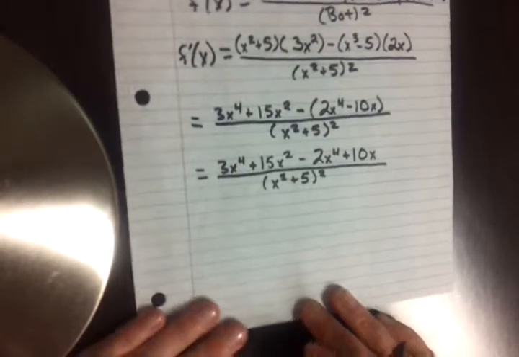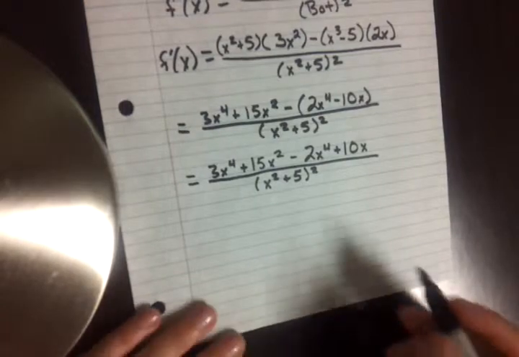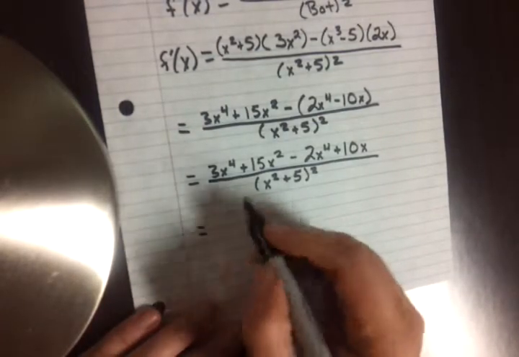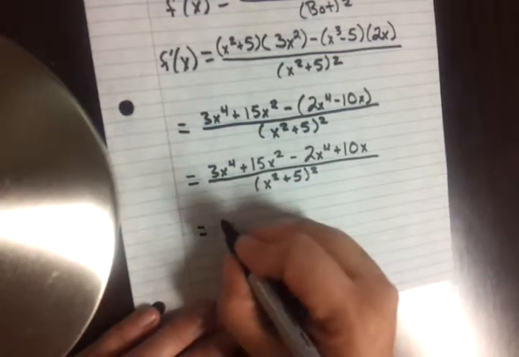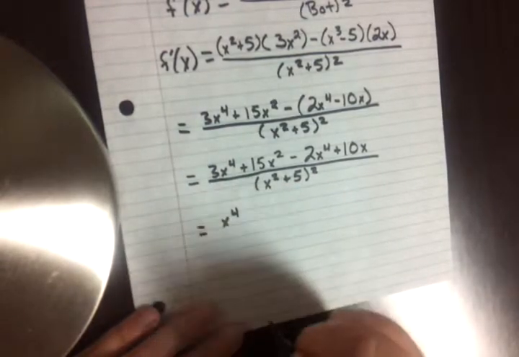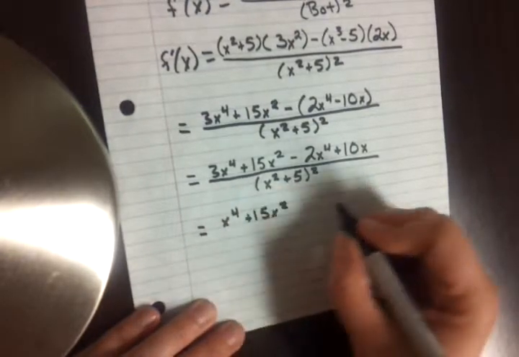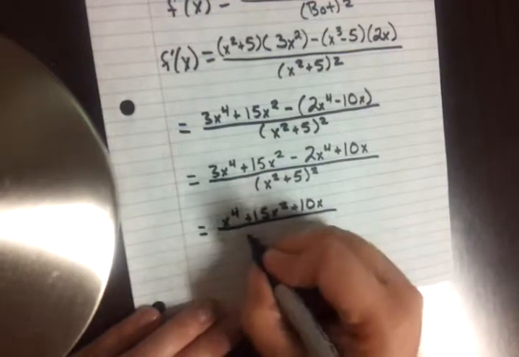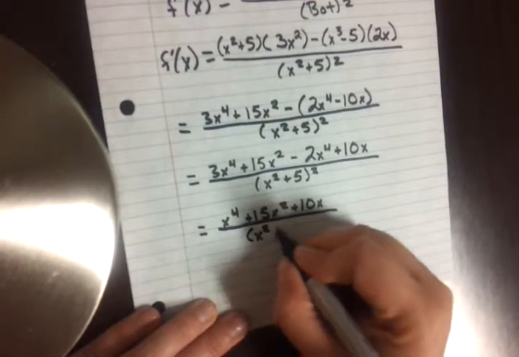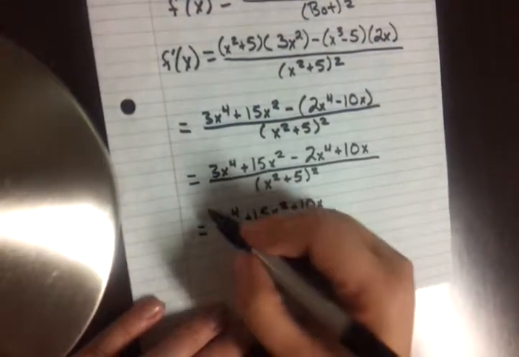So it really does help to write it out in every step. And so now we can do just a tiny bit of algebra here. That 3x to the fourth minus 2x to the fourth is just going to leave us with 1x to the fourth plus 15x squared plus 10x, and that's all over that denominator that, since we wrote it down over and over again, we will not forget to include.